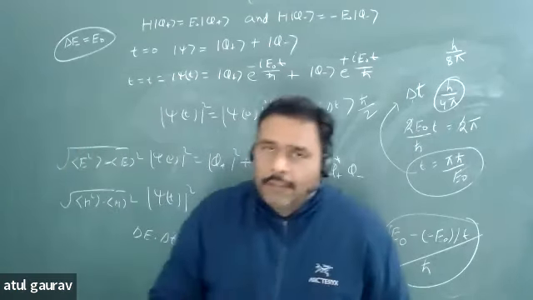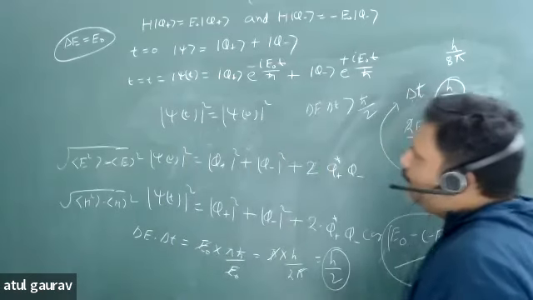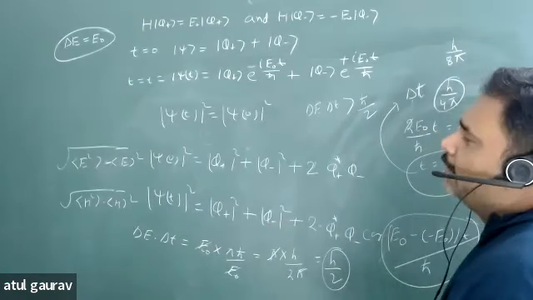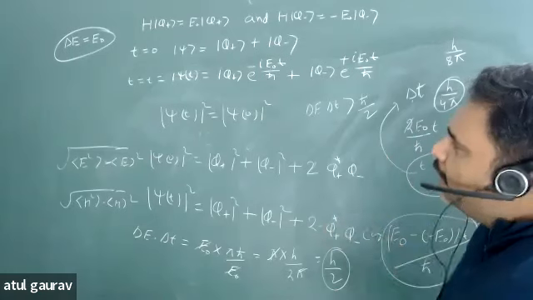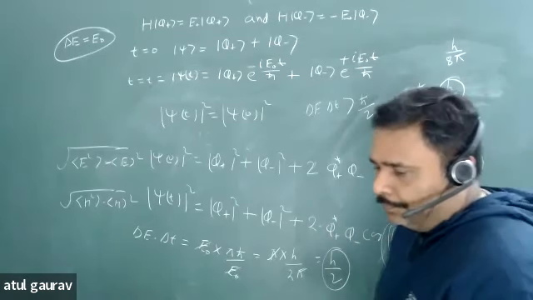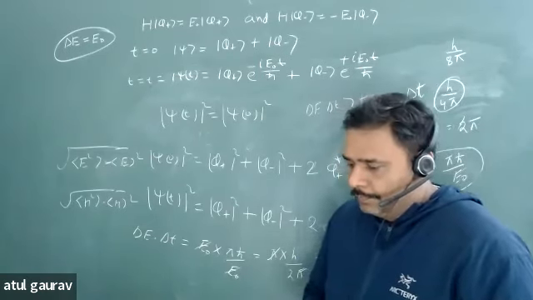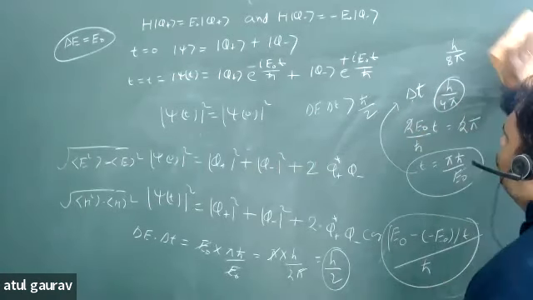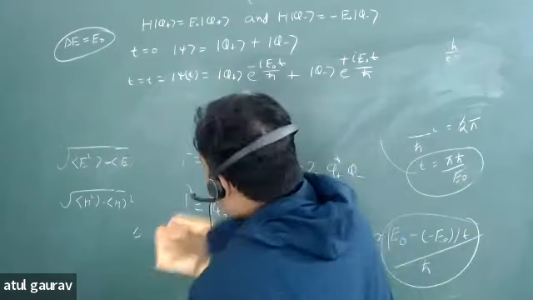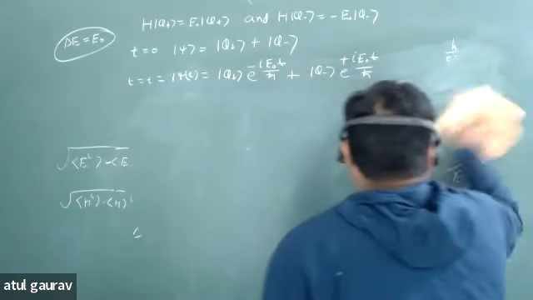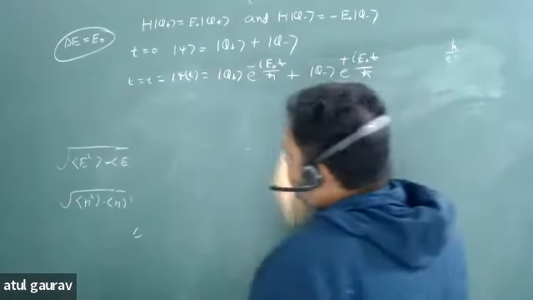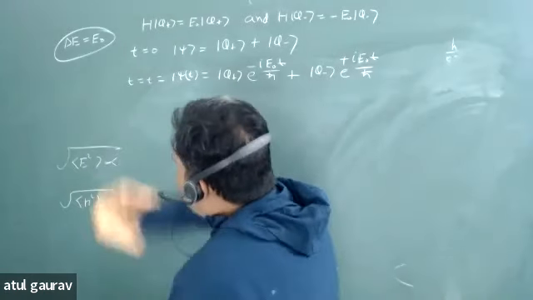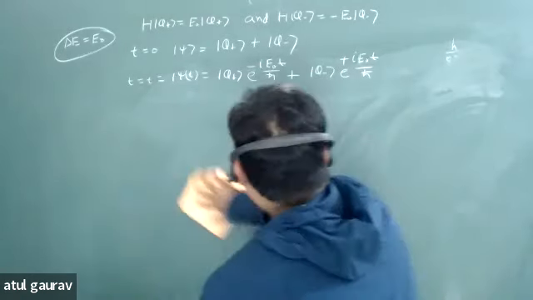Okay. So now, next question is very scientific, very scientific. Up to here, everything is understood, right? Now, next question is: what will be the probability that psi t will be in a state of psi 0?